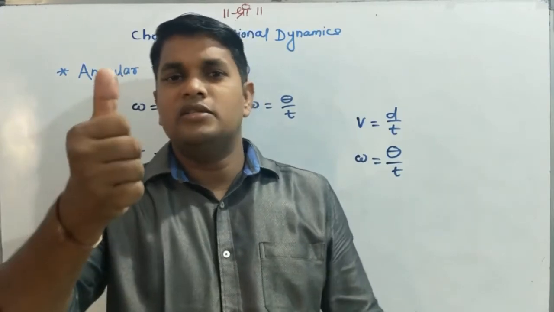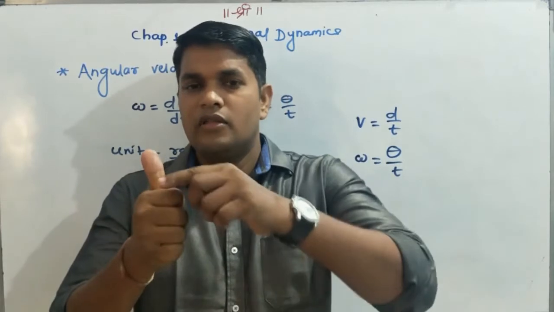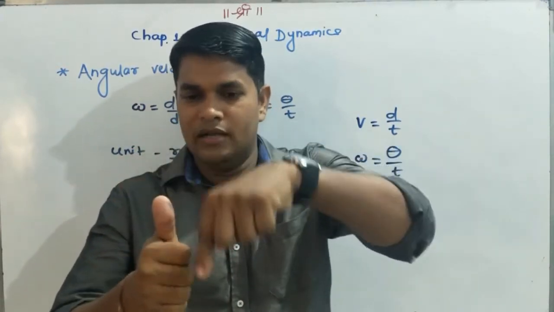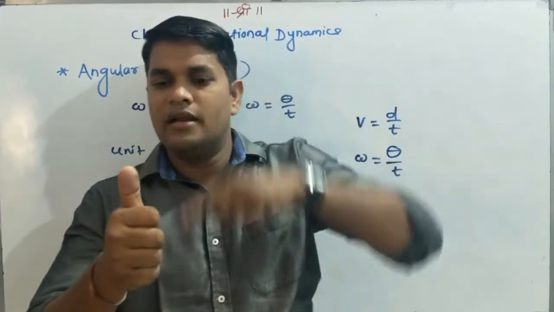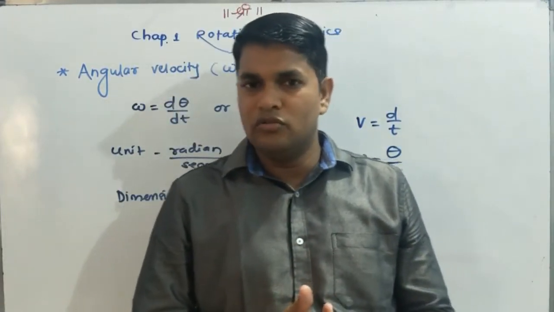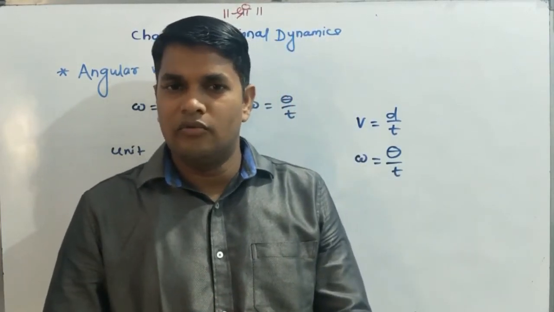Imagine the right hand with folded fingers and the thumb outstretched. If the folded fingers give the direction of rotation of the particle, then the thumb gives the direction of angular velocity. Understood? This is the direction of angular velocity using the right hand thumb rule.